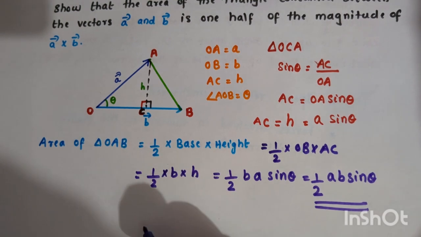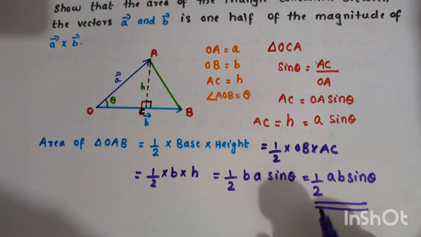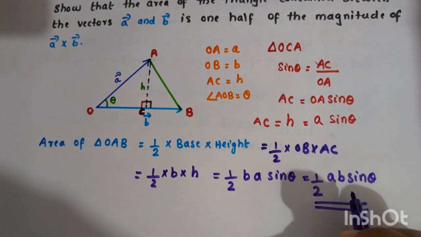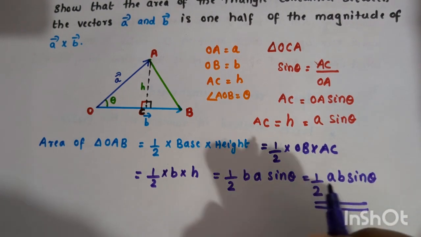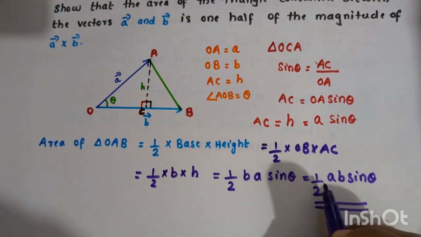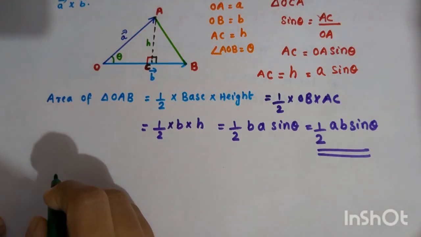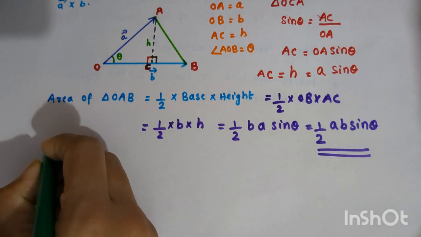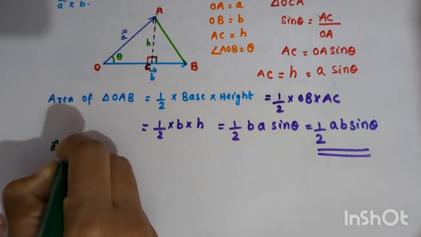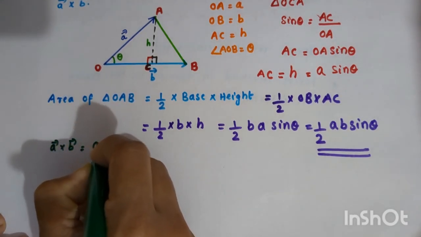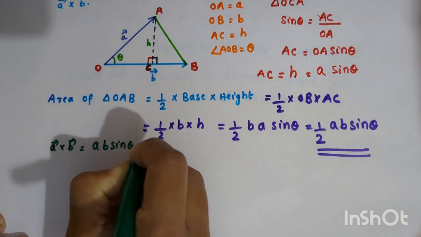What do we want to prove? We want to show that the area of this triangle is half of the magnitude of A cross B. Here, the area of triangle OAB equals half AB sin theta. Now, what about the cross product of two vectors? Vector A cross vector B is equal to A into B into sin theta n cap.